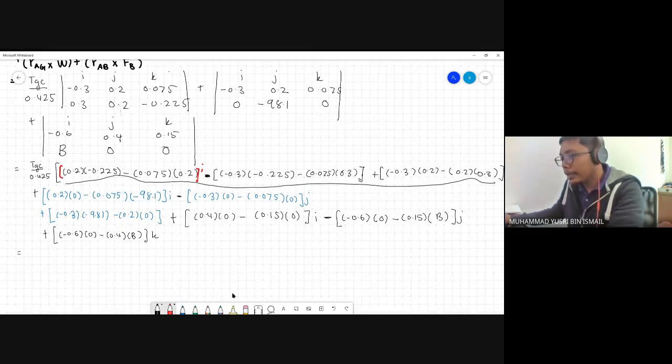Hello, anybody? What did you get for this part? TGC over 0.425.